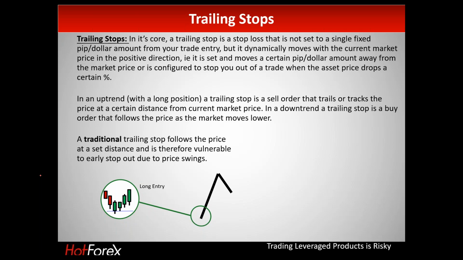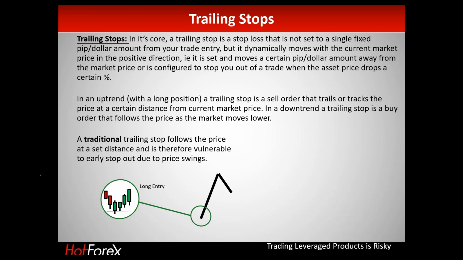It is actually a fixed distance from our current price market. So it moves dynamically with the current market price in the same direction. So with a trailing stop, we don't really identify a particular level that we're going to use as our stop loss, but we identify how far away from our current price movement we want the stop loss to be.